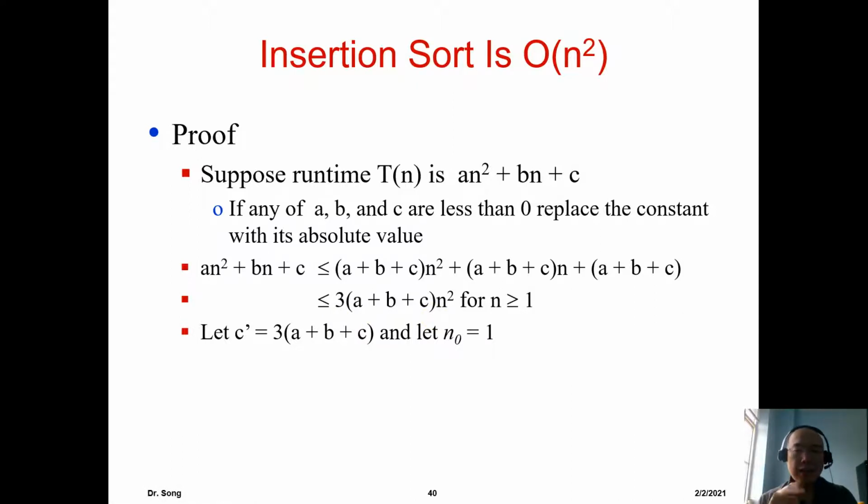We are getting rid of the lower polynomial terms, and we are saying a n squared plus bn plus c is smaller than 3 multiplied by (a plus b plus c) and then n squared, for all n greater than or equal to 1. Okay, so why is this important?